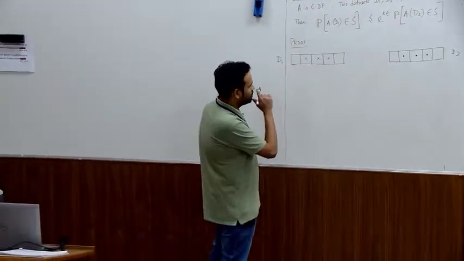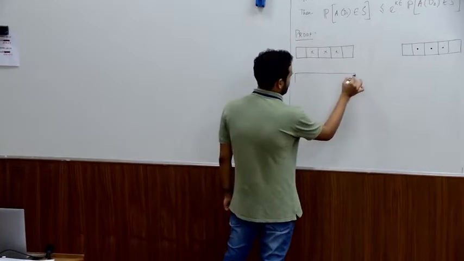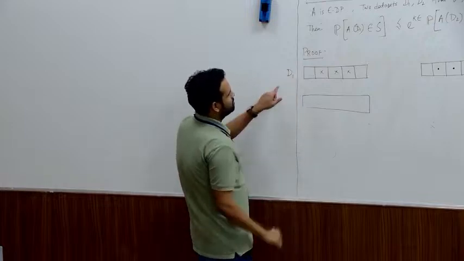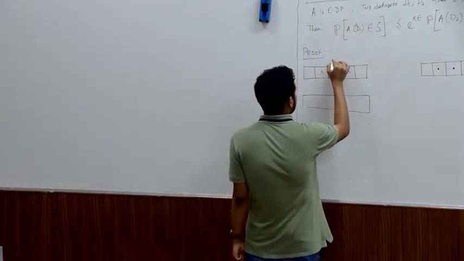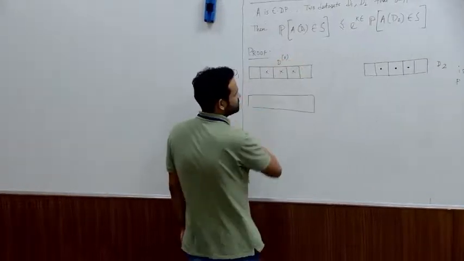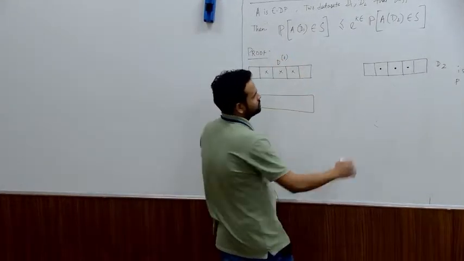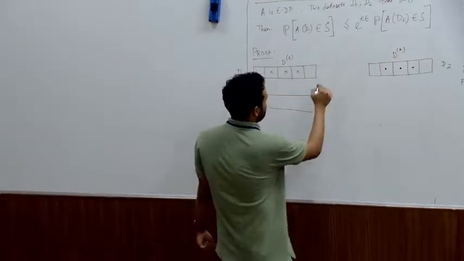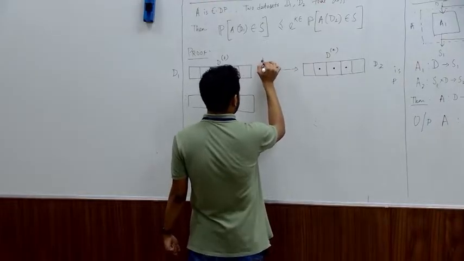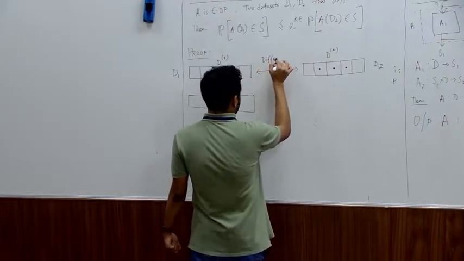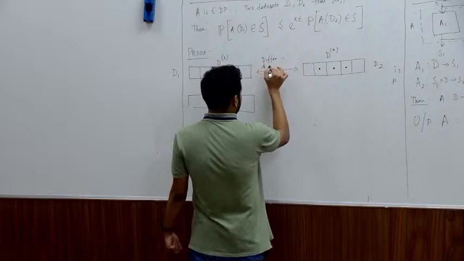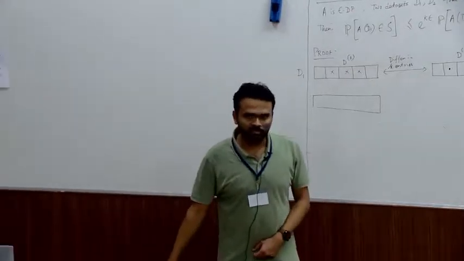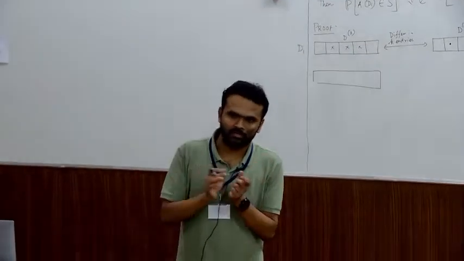I will first rename D1 as D0 and D2 as Dk. Both these data sets differ in k entries. But I can prove differential privacy for two data sets that differ in only one entry.